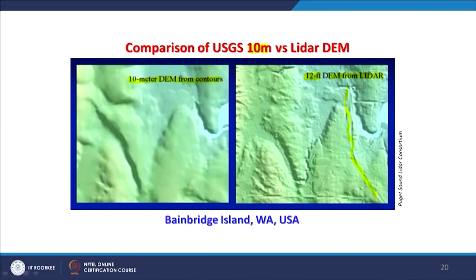That is why you are seeing some human-made structures even in this bare LIDAR DEM. That may be one of the problems associated with LIDAR DEMs. Otherwise, it can produce a very high resolution digital elevation model without big problems.